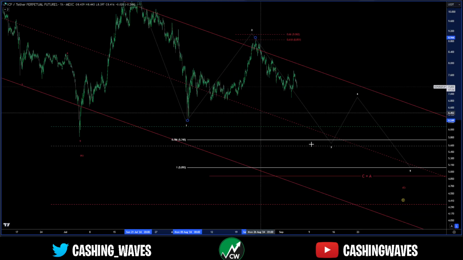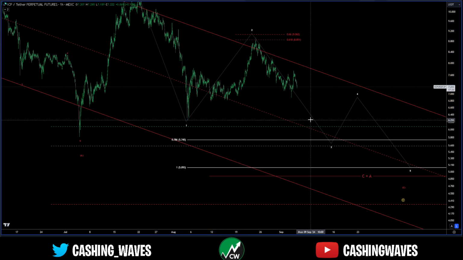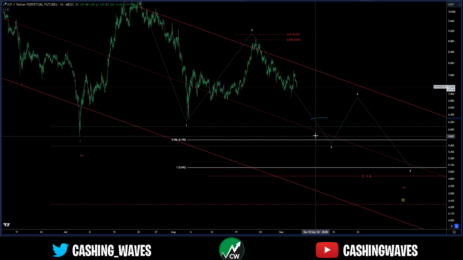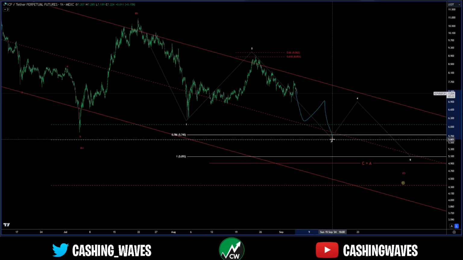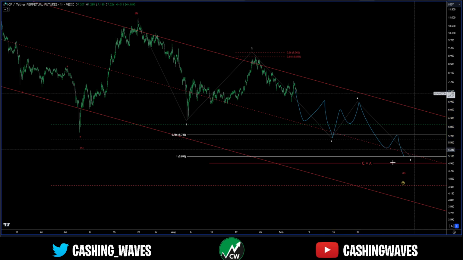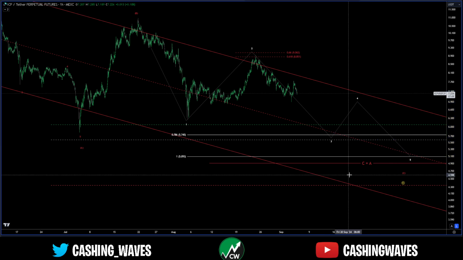Our third wave in white, they usually look between the 618 and the 786. Just have to go below this wave 1 though in a 3-wave move. So we're looking for another 3-wave move, 3-wave move, 3-wave move complete at that 1-to-1.